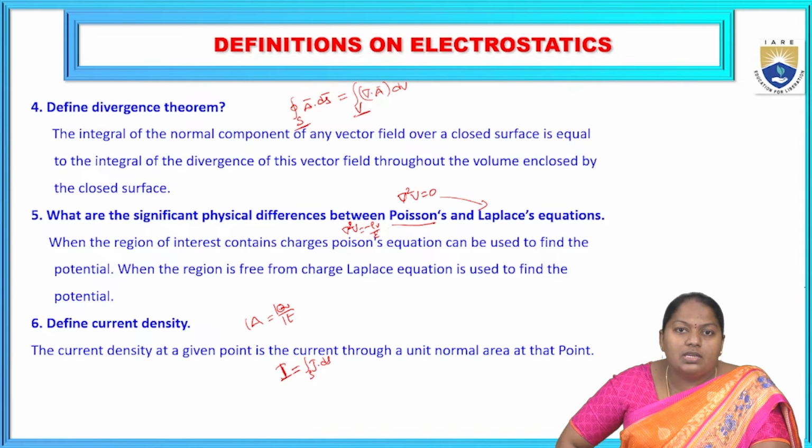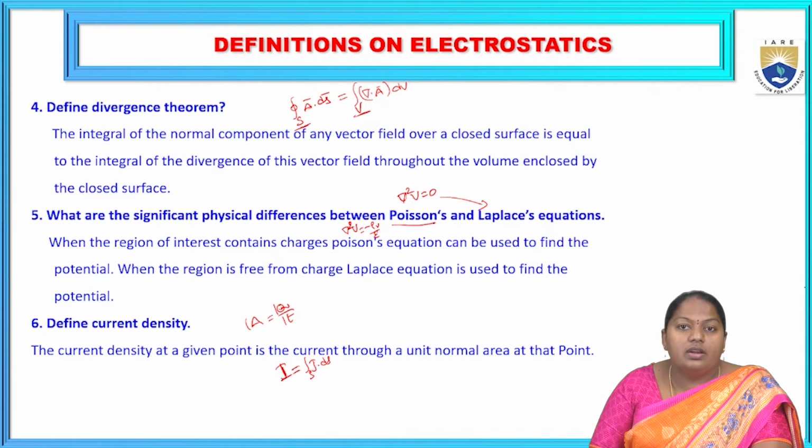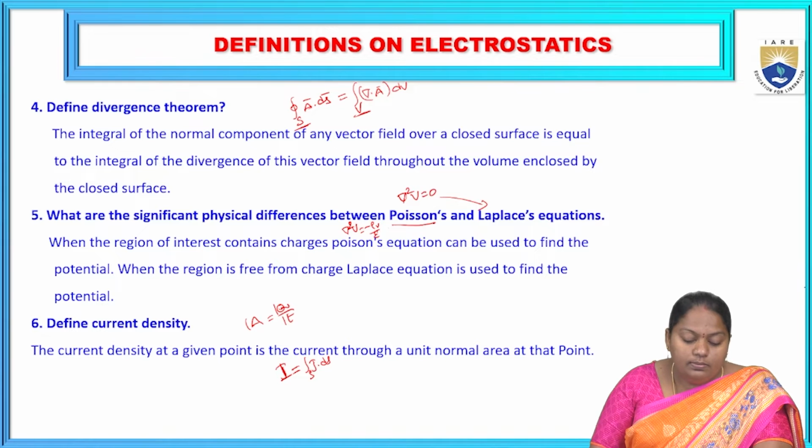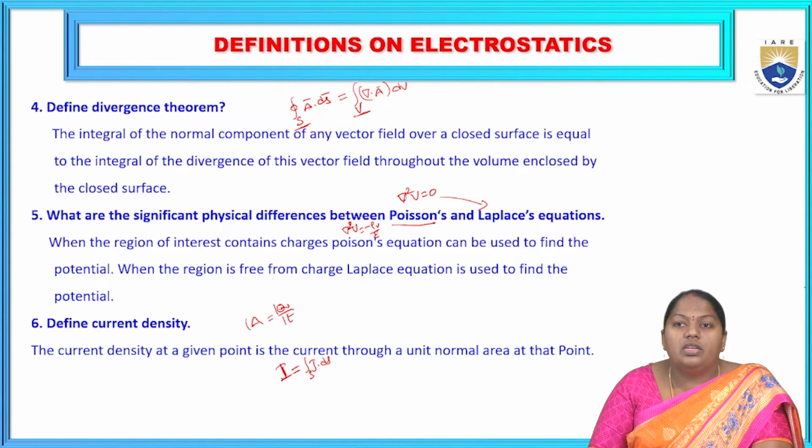Depending upon this, we have three different current densities: displacement current density, conduction current density, and convection current density. Conduction current density requires a conducting medium to conduct.